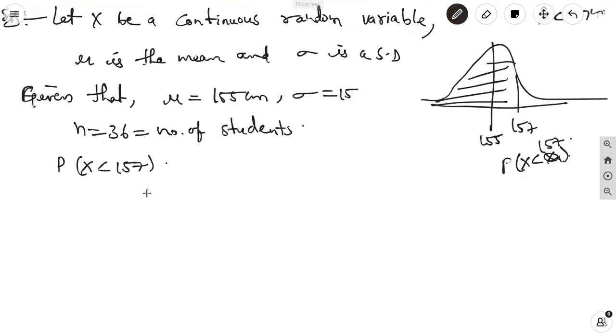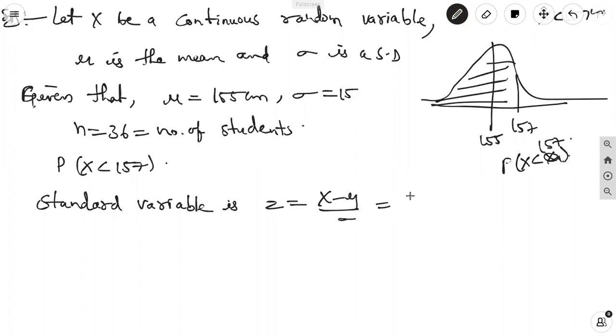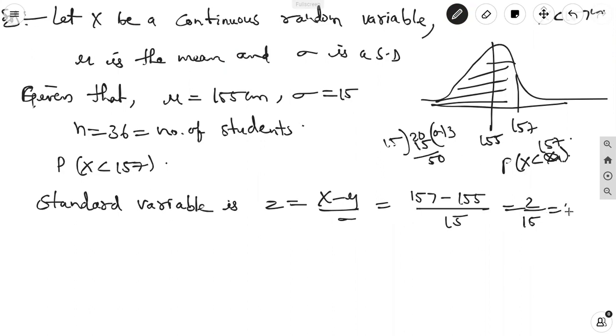Here, the standard variable is z is equal to x minus mu by sigma. From this, x is 157 minus mu is 155 by sigma, that is equal to 2 by 15. 2 by 15 means 2 is divided by 15, 0.015503. It is equal to 0.13 is the Z1 value.